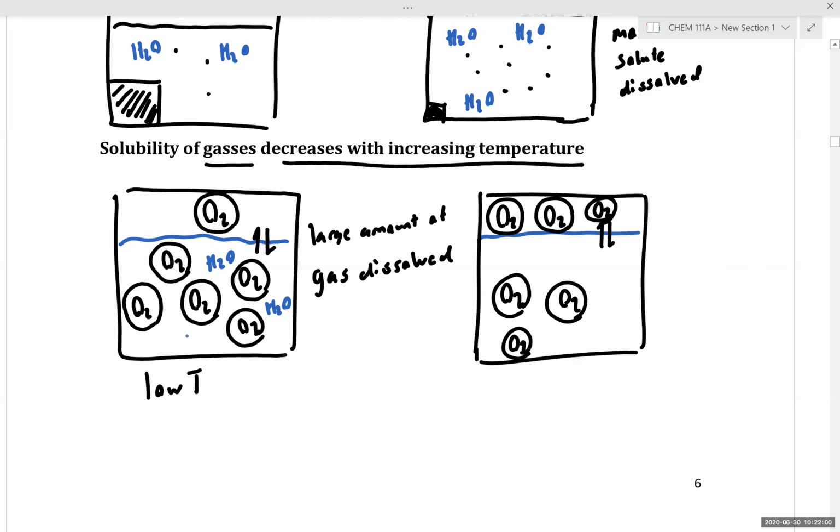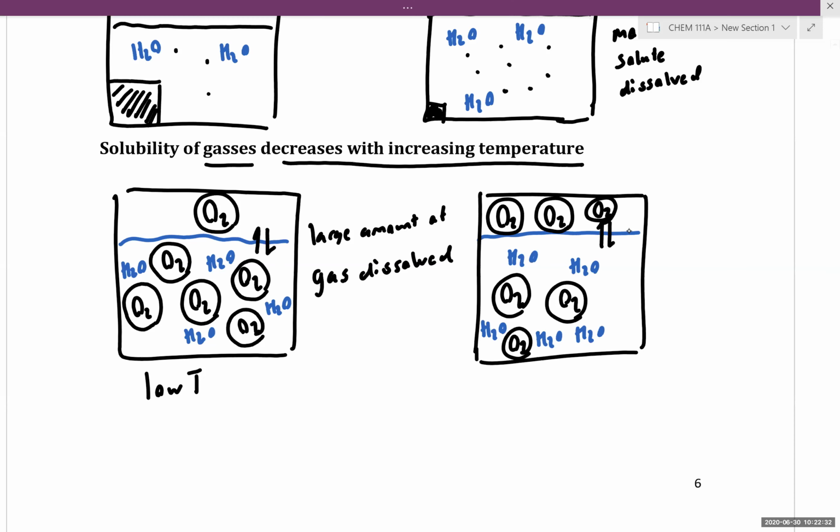Because when it's dissolved in solution, you have all these water molecules interacting with your gas molecules. And these interactions, although they're very stabilizing, are not favorable at higher temperatures, as your gas molecules will substantially prefer, instead of being ordered and surrounded by water molecules, to be in this disordered state where they're in the free gas phase.